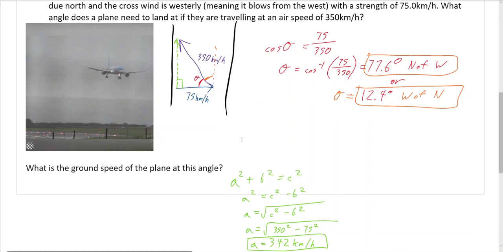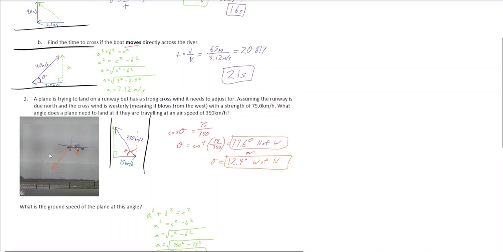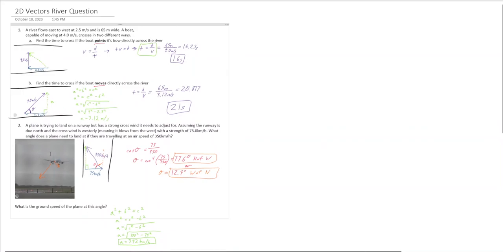And the crazier the crosswind, the crazier the angle. So you can see this picture here of this airplane super angled, and it has to land this direction. So the plane is trying to land here, but it's angled out here. It's crazy, crazy. Okay, yeah, I hope this video helps you better understand river questions, and good luck.